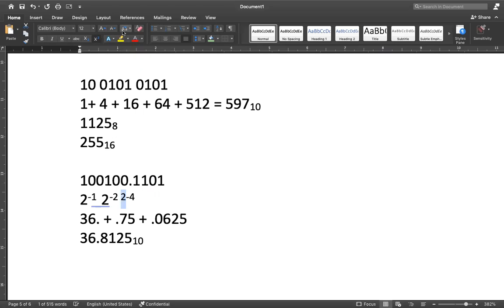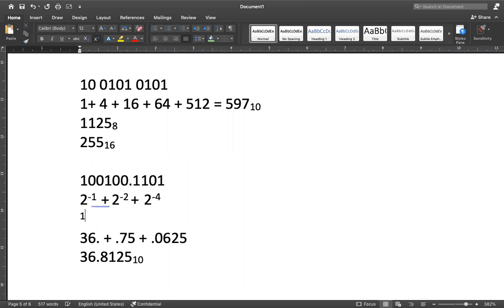You don't have 2 to the power minus 3 because it is 0, no? Anyway, you have to add these 3. This one plus this one plus this one, because you don't have 2 to the power minus 3. So 2 to the power minus 1 is 1 divided by 2 plus. Minus 2 means 1 divided by 4 plus minus 4 means 1 divided by 16.